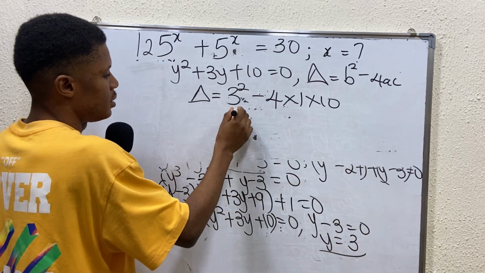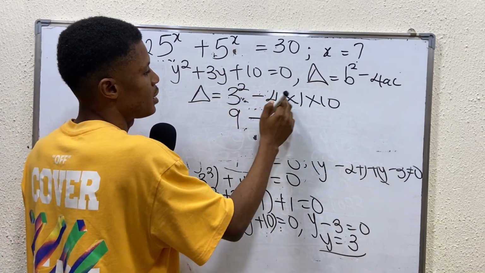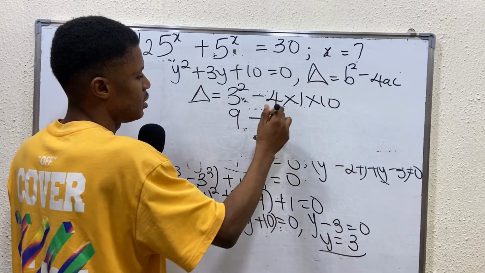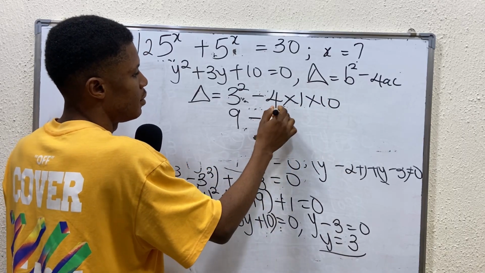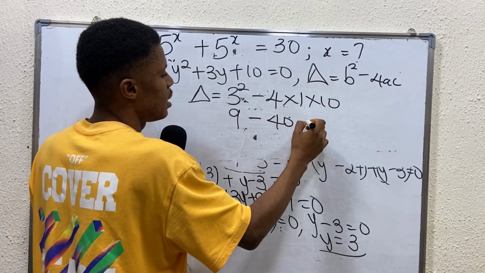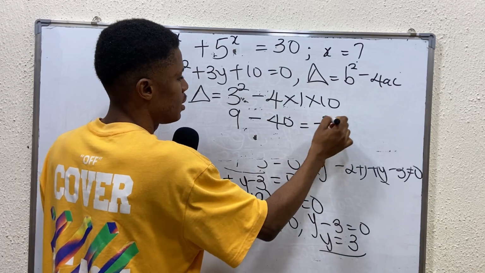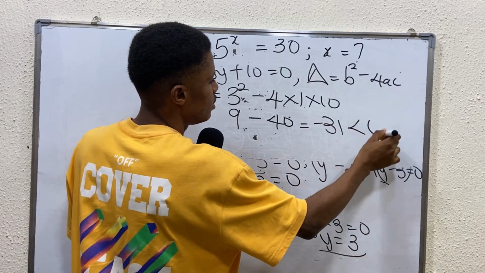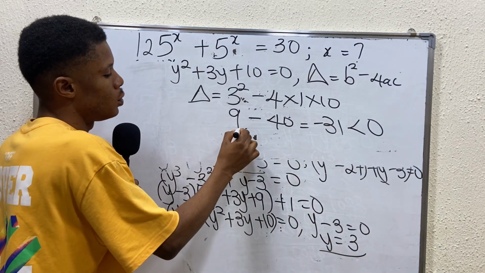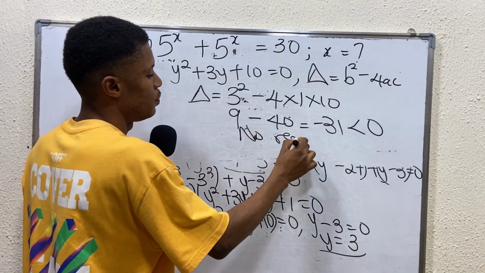So 3 squared is 9 minus 4 times 1 is 4, times 10 is 40. So the answer is now equal to minus 31, which is less than 0. So there is no real solution.